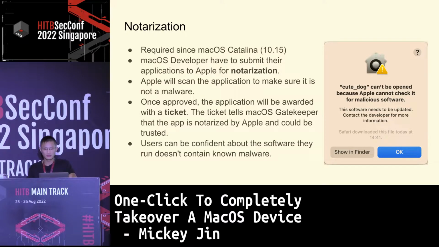The ticket tells macOS GateKeeper that the app is notarized by Apple and can be trusted. Finally, users can be confident that the software they run doesn't contain malware. If the software is not notarized, then it will be blocked and the system will prompt the alert dialog like this.